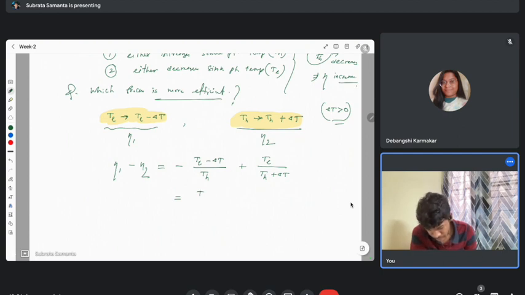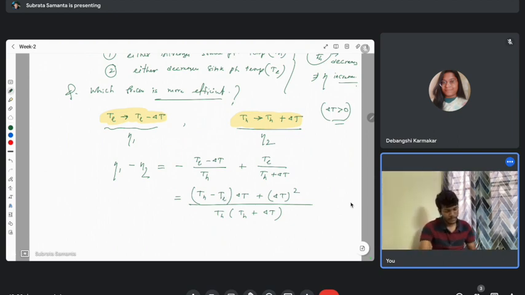We get TL minus TH times delta T plus delta T squared, divided by TH times TH plus delta T, times TH TL.